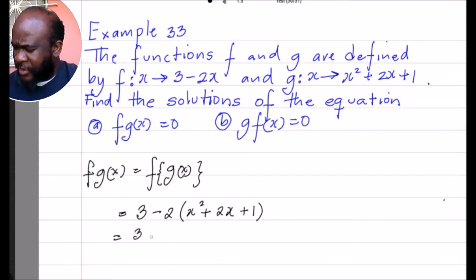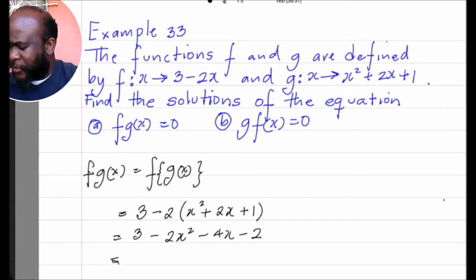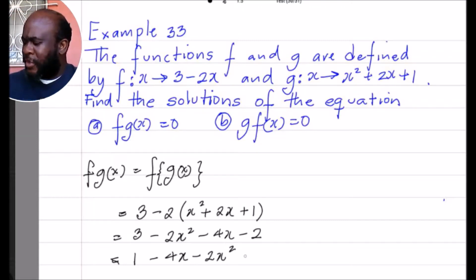We have 3 minus 2x squared minus 4x minus 2. Everything inside the bracket is multiplied by what is immediately outside the bracket. So what we end up with is 1, because 3 minus 2 is 1, minus 4x minus 2x squared, and we're told now to equate this to 0.